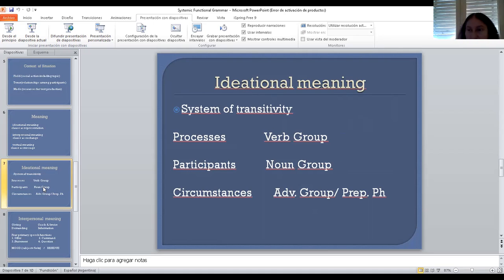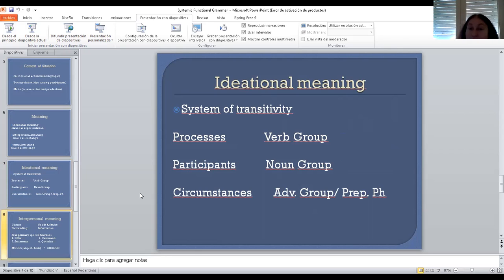We are not going to deal with these in depth, but he has a subclassification of processes, okay, material processes or relational processes. And depending on the kinds of processes, we also have different kinds of participants, okay? Notice that I'm using the word group. Remember, within functional grammar, they will use the word group and restrict the word phrase for the prepositional phrase.